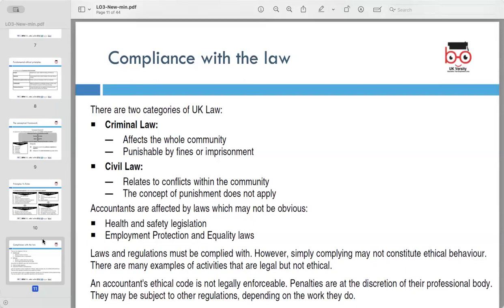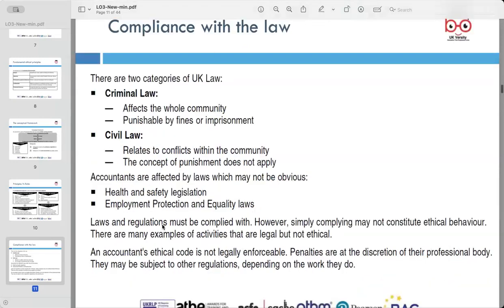While compliance with laws and regulations is necessary, it may not always constitute ethical behavior. There are instances where activities are legal but not ethical, highlighting the importance of an ethical code in guiding professional conduct.